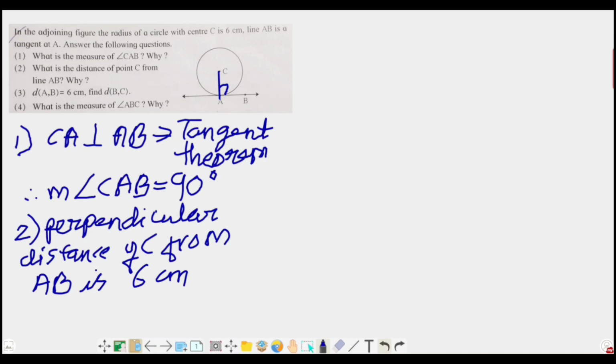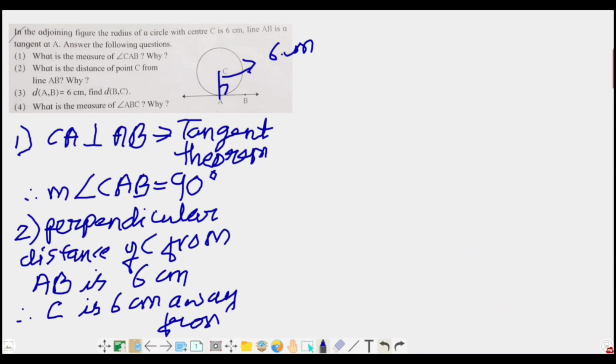Why? Because this is radius only. So this radius is 6 centimeter. So what you can conclude, that is therefore C is 6 centimeter away from AB. So understood both the parts?